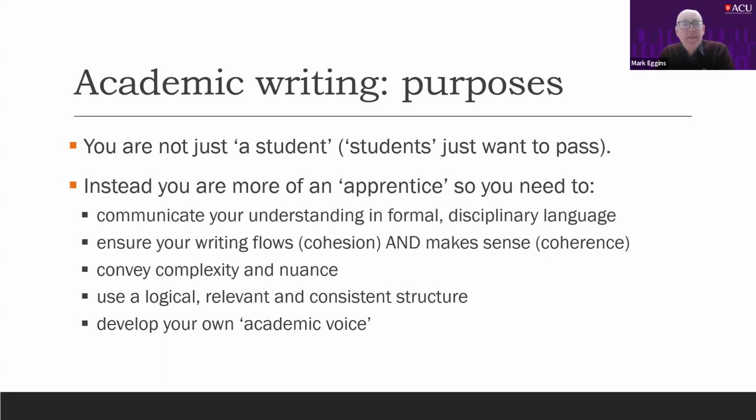But having said that, you still need to be relatively logical, relevant, and consistent, so it's easy to understand. And with all that, you also need to develop your own, what they call academic voice. And there are a few ways of doing that, but it sounds like with the journal and the storytelling, those are other ways you can do that as well. But I'm going to just focus more on the academic side of that.